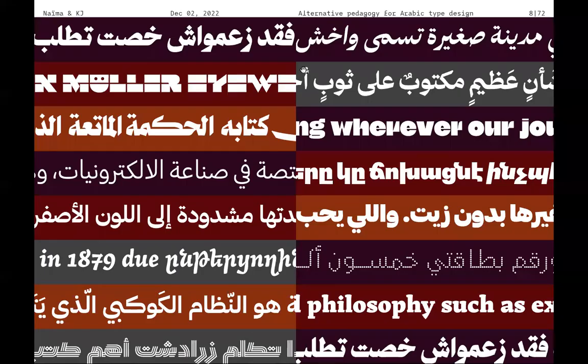Nice. So my background is also a little bit similar to Naima's. I'm a type designer and a graphic designer. I studied type design at Type and Media in The Hague in 2000, a long time ago, and I've been working as a type designer since then, but I also do graphic design.